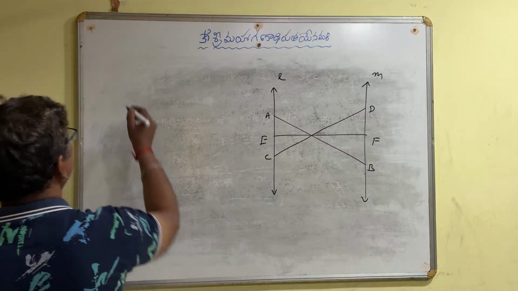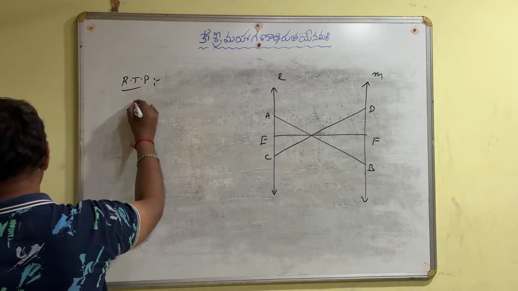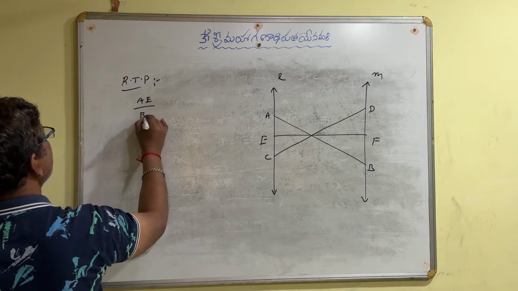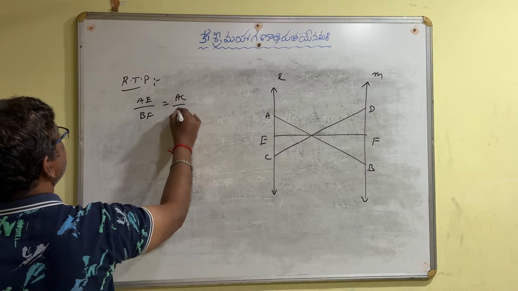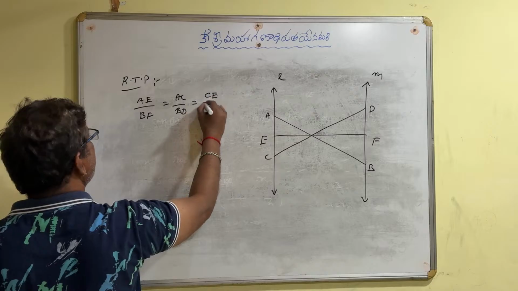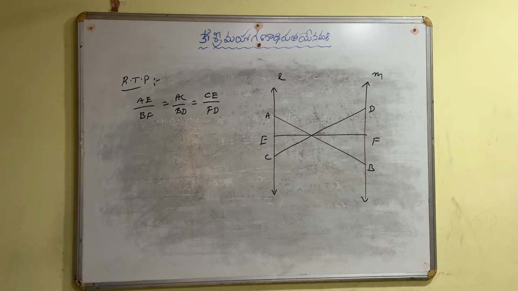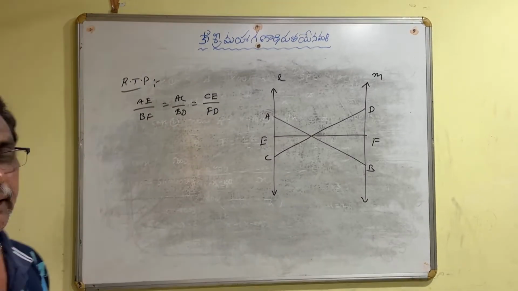And what we are required to prove is AE by BF is equal to AC by BD is equal to CE by FD. We have to prove this given L and M are parallel to each other.